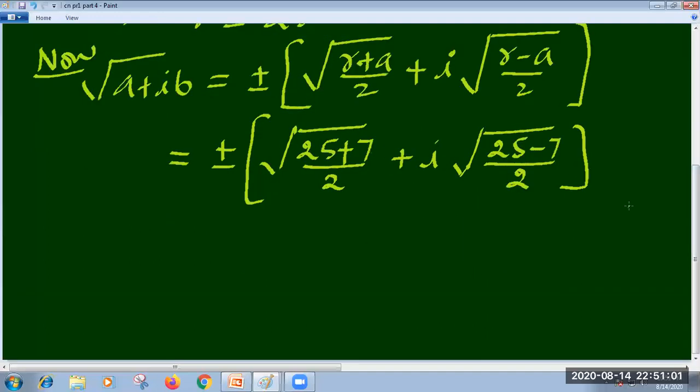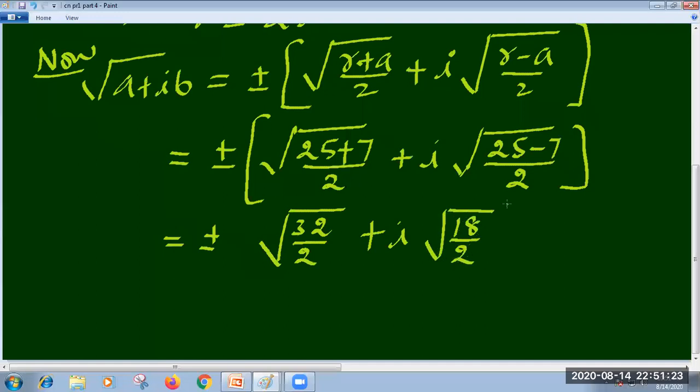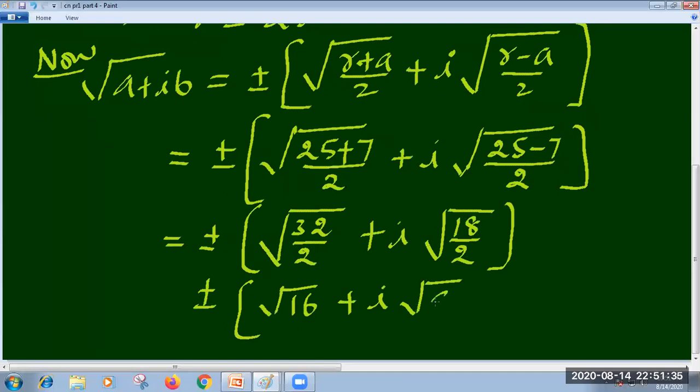Very simple. Plus or minus, 25 plus 7 is 32, 32 by 2 under root. Now 25 minus 7 is 18, 18 by 2 under root. So further simplifying, 32 by 2 is 16 and 18 by 2 is 9.